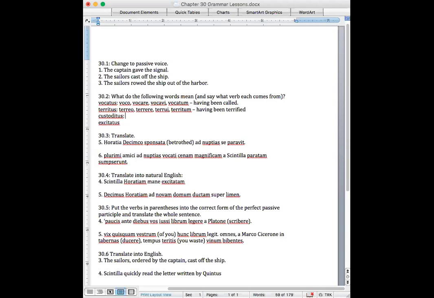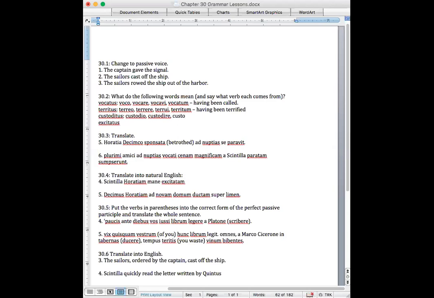Custoditus is going to come from custodire, custodio, I believe. Let us look up the proper spelling. Yes, custodio, custodire, which is fourth conjugation.